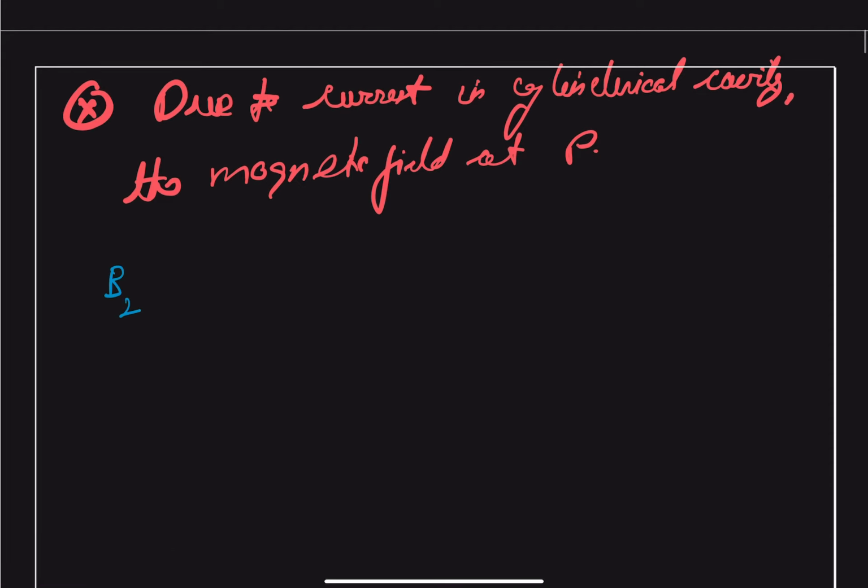So B2 will be equal to mu naught 4 pi, and here we have I upon 4 divided by A plus A by 2.